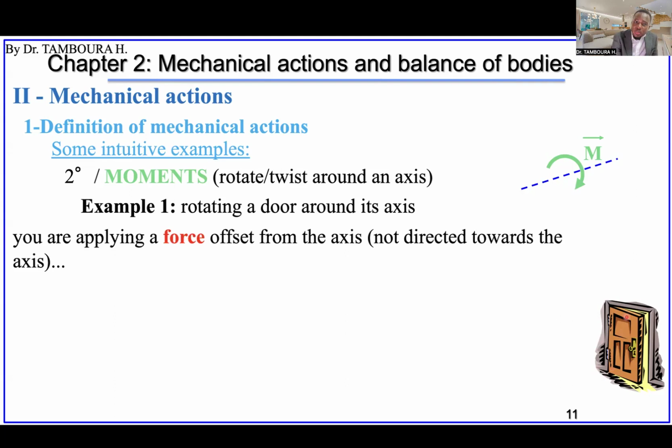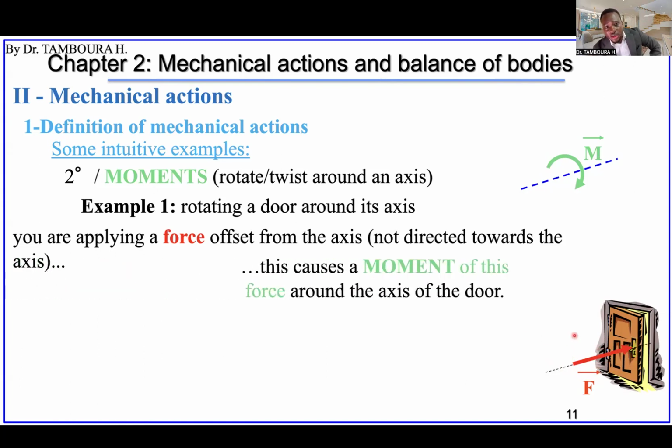So you are applying a force offset from the axis, okay, not directed toward this axis, not this direction. Okay, the force is far from this axis. So you will have a distance between the axis of rotation and the direction of the force you are applying. Okay, this is the direction of the force you are applying, like this, right?